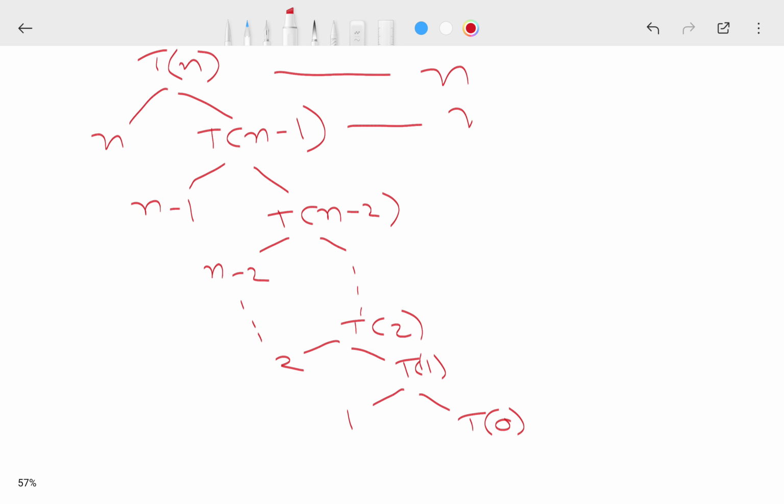This t of n minus 1 will be executed for n minus 1. This will be executed for n minus 2. And so on, it will execute for 2, then 1, and then 0.